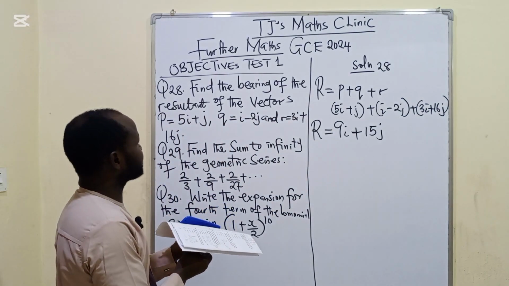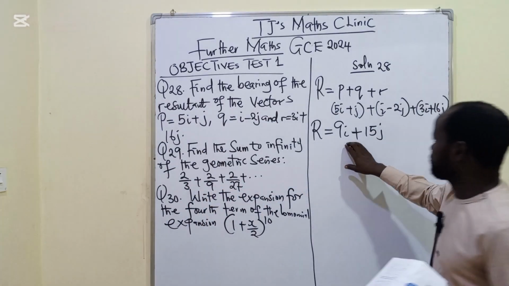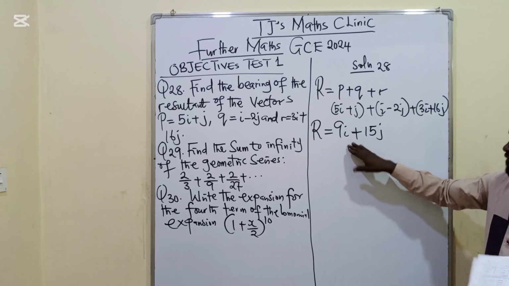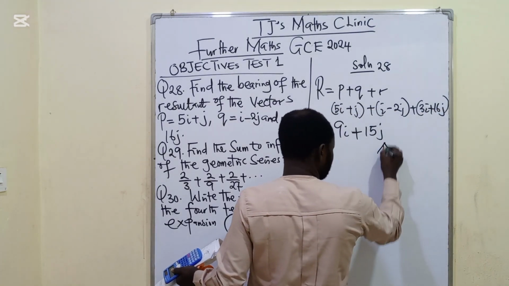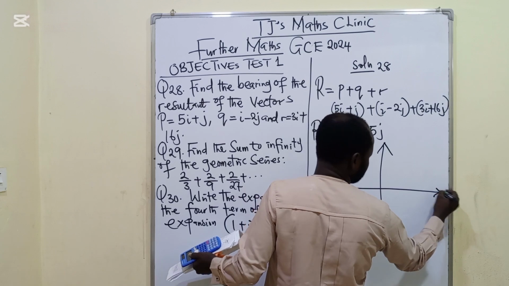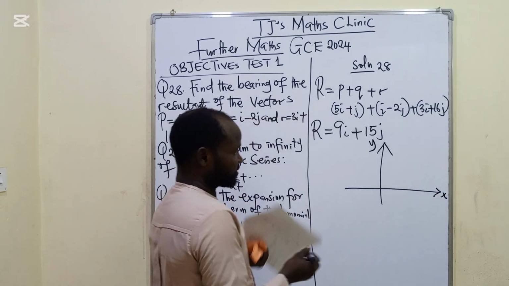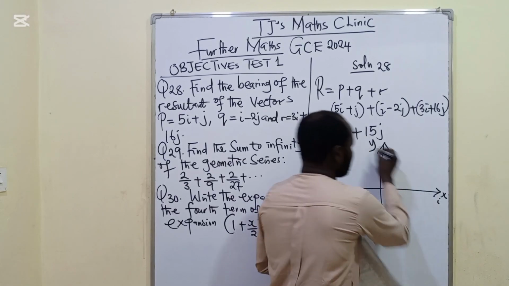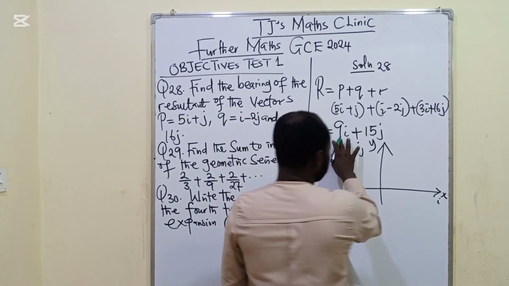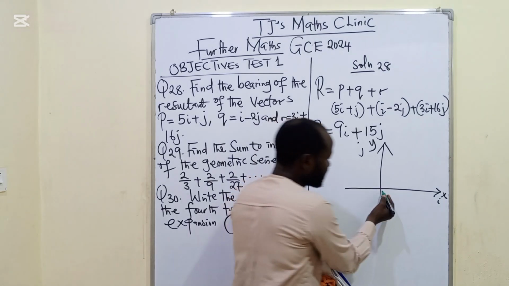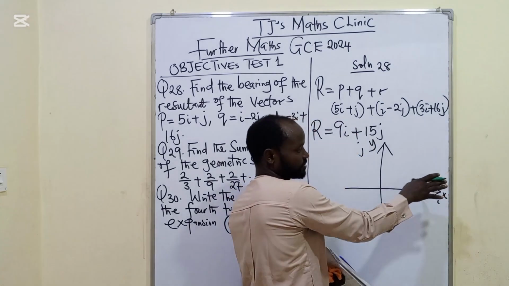But we are asked to find the bearing. To find the bearing, the first thing for us to do is to represent this information on the Cartesian plane. We'll have the x-axis and the y-axis. The x-axis is associated with i, and this is our j. So 9i means we move 9 units to the right horizontally.